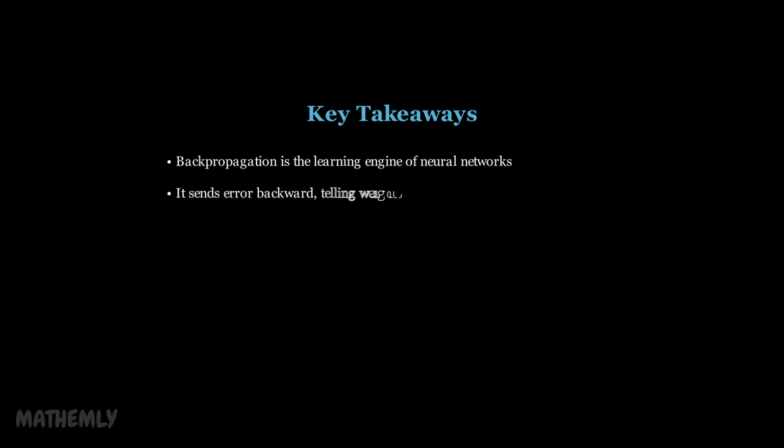To sum up, backpropagation is the learning engine of a neural network. It takes the error measured by the loss function and sends it backwards, telling each weight and bias how to adjust themselves. This process, repeated thousands of times, is how neural networks learn from data, correct their mistakes, and improve their predictions.